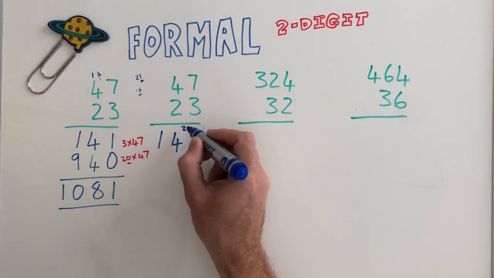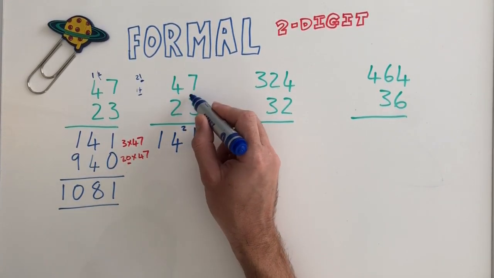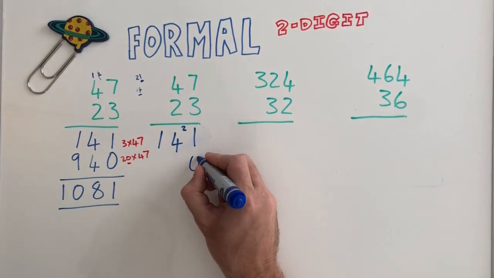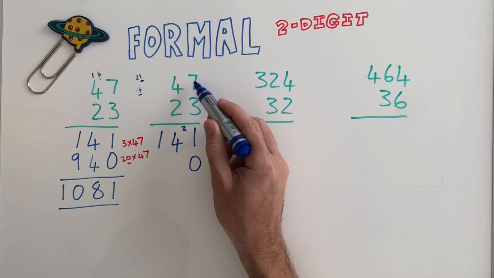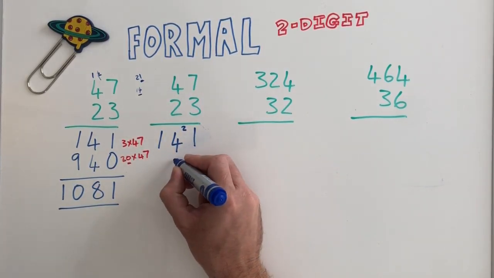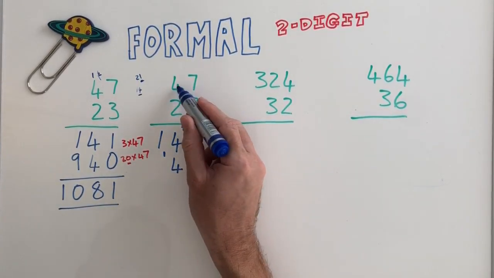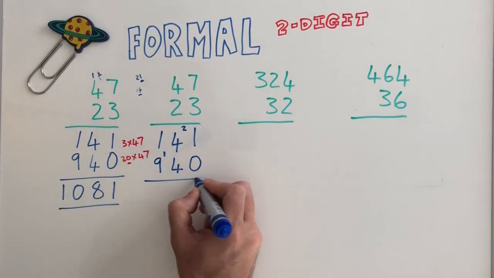And now I don't have to scratch it out because it's there. The next one is 2 times 7, but it's 20 times 7, so I just write the 0 there from the start. 2 times 7 is 14, so I'll write the 4 here, and I'll put the 1 there. And then 2 times 4 is 8, plus that 1 is 9.